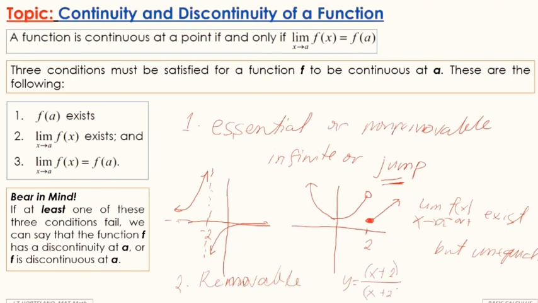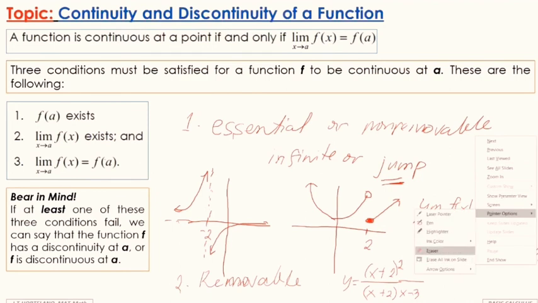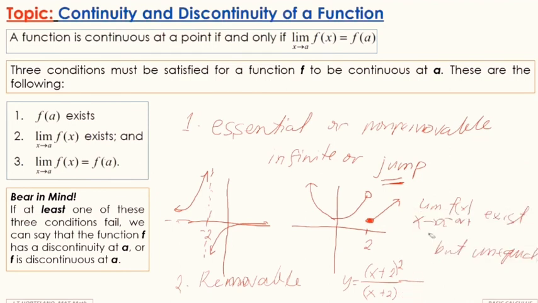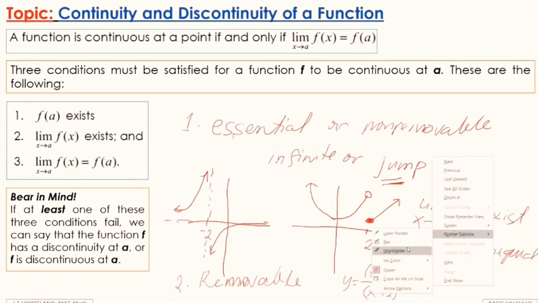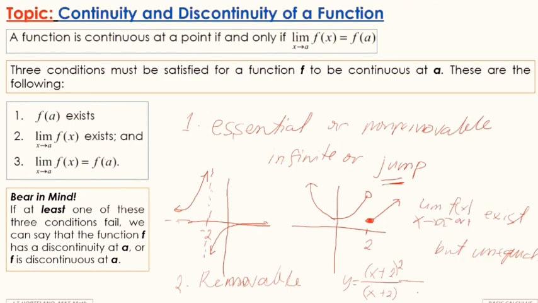x plus 2 times x, let's say x plus 2 squared over x plus 2. When we simplify this, we get x plus 2.